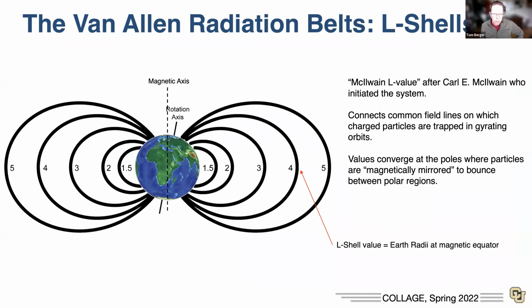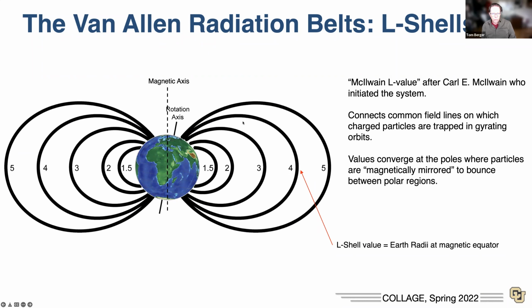This is just an outline of how this system works right now. One thing, I won't spend a lot of time on this, but when people talk about the radiation belts you'll hear them talking about the L shell. The L shell is really just a number that denotes the magnetic field line. When you're on the magnetic equator, it's equal to the radius of the Earth, essentially.